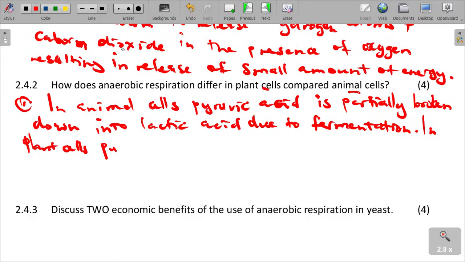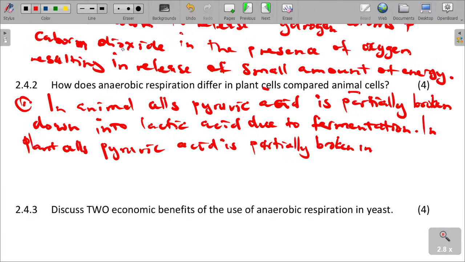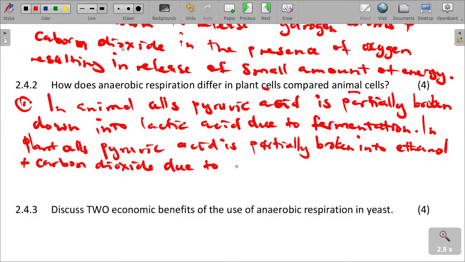This is due to alcoholic fermentation. Alcoholic fermentation causes plant cells to partially break pyruvic acid into ethanol and carbon dioxide.